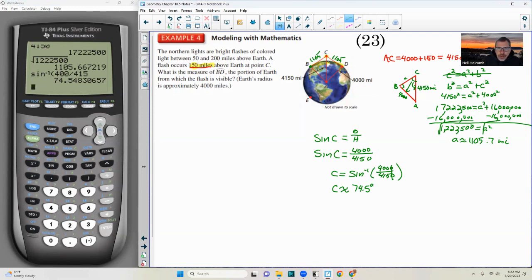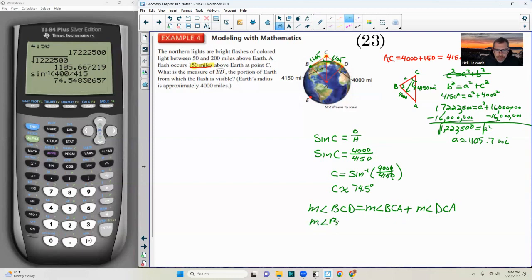Okay, so now I know that is this angle right here. So if I double that, that would be the whole angle BCD. So the measure of angle BCD equals the measure of angle BCA plus the measure of angle DCA. And I know those are both 74.5 degrees.